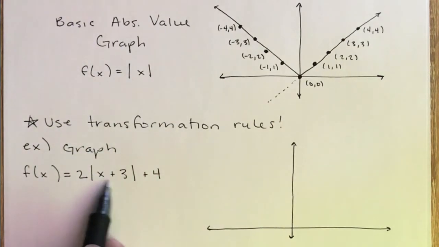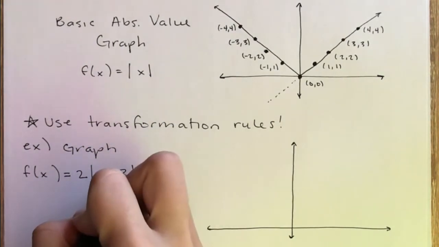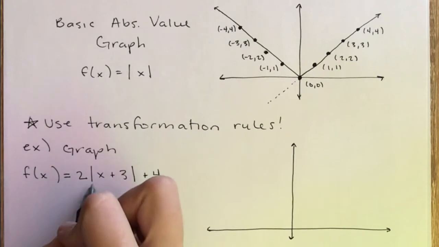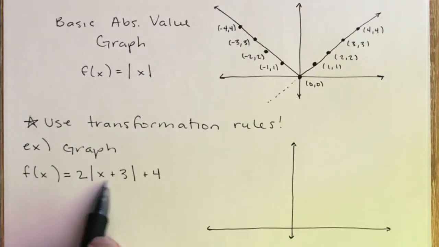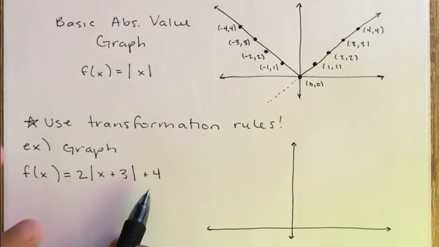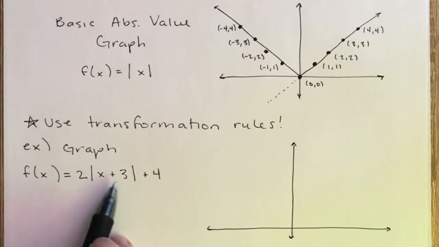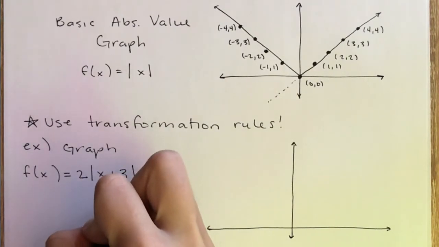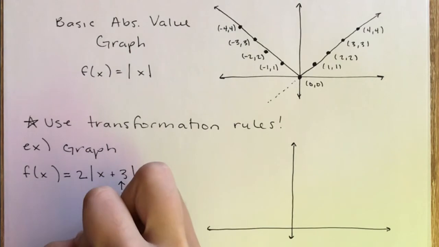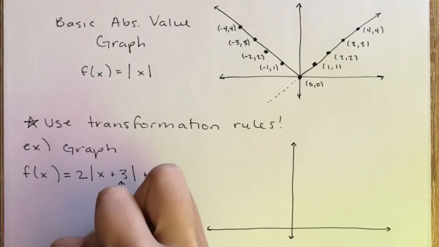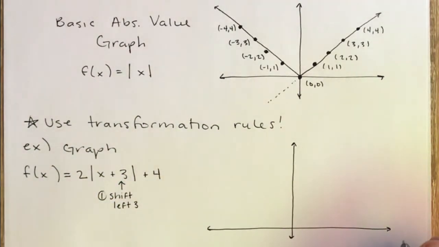So now we have absolute value of x plus 3. So we have this plus 3, which means we're going to shift our x values, because that plus 3 is happening to the x. Stuff that's on the inside is going to be kind of the opposite of what we think it's going to be. This is number 1. We're going to shift left 3 first.